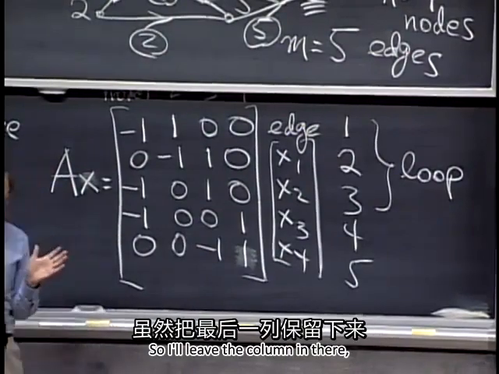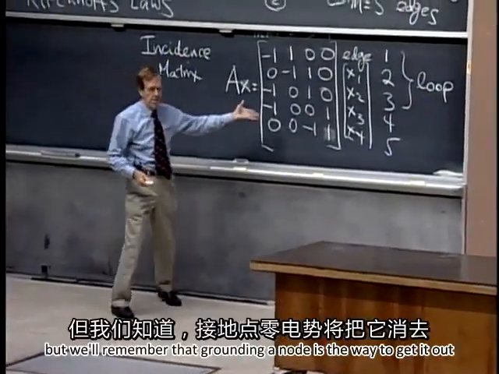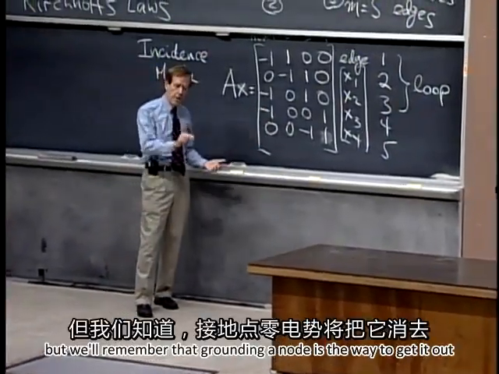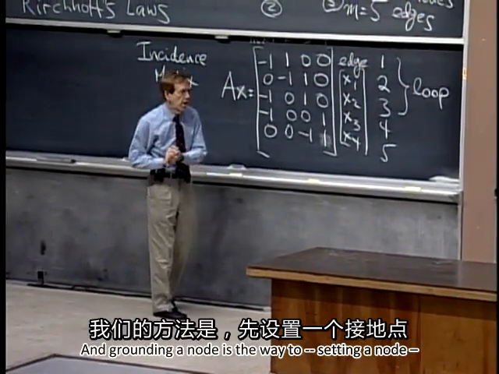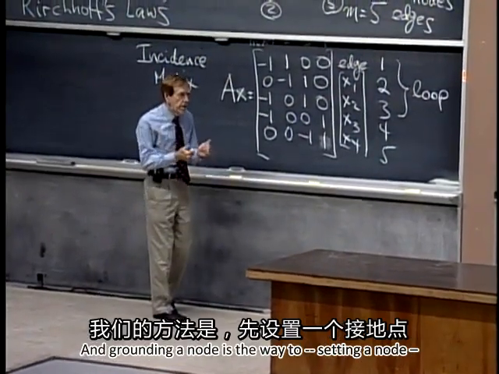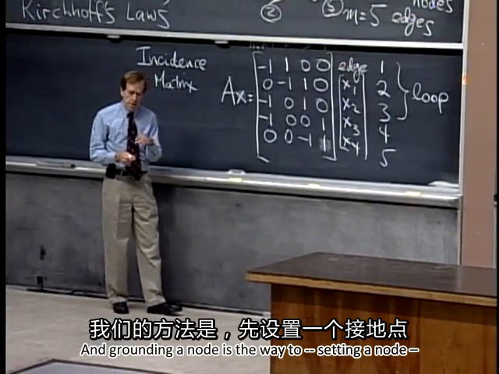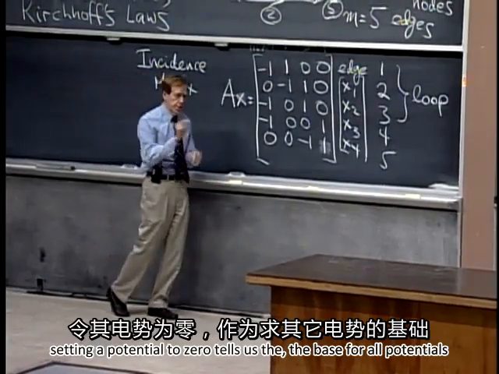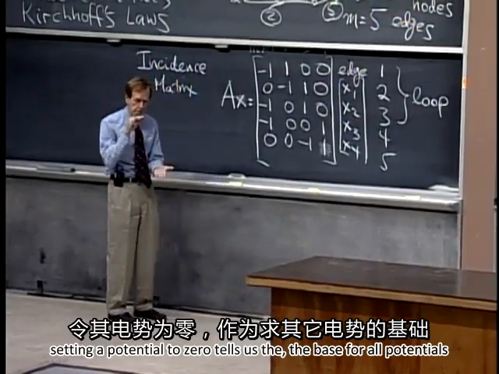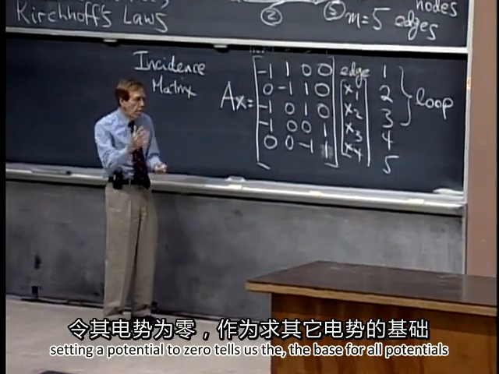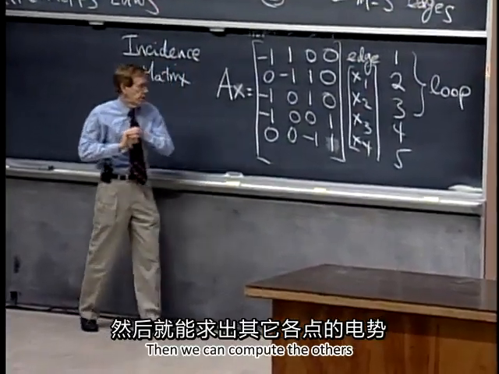So I'll leave the column in there, but we'll remember that grounding a node is the way to get it out. And setting a potential to 0 tells us the base for all potentials, then we can compute the others.